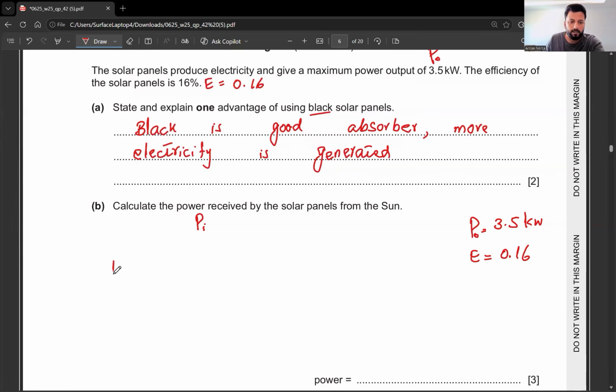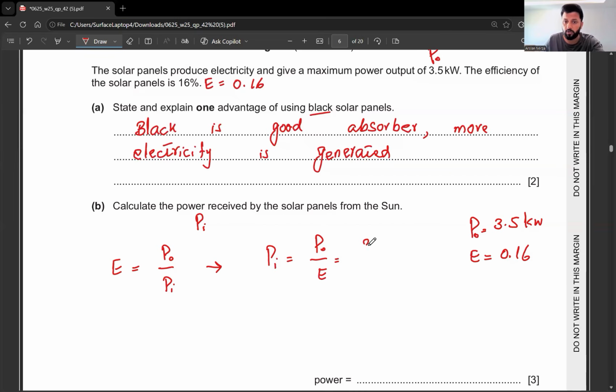So if I write the equation, efficiency is always equal to useful output power divided by input power. When we rearrange this equation, input power will be equal to output power divided by efficiency.